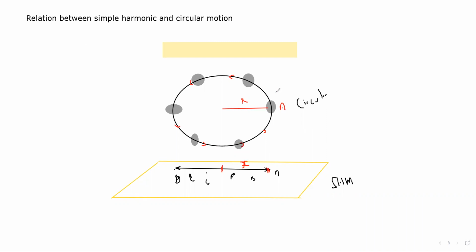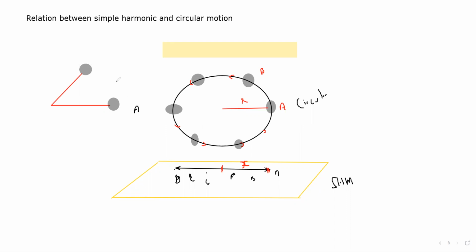So moving from point A to point B, when this object will move from point A to point B, what we will observe, so the maximum displacement is x for the simple harmonic motion.